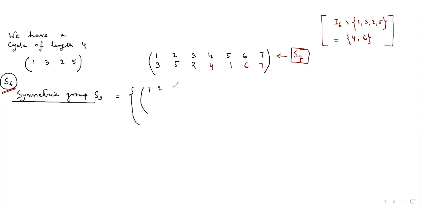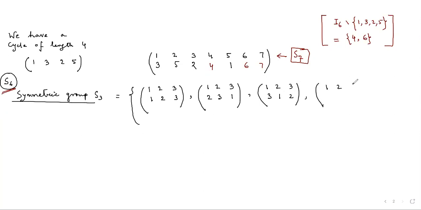First element that we considered was (1 2 3 / 1 2 3). Then another element which is (1 2 3 / 2 3 1). Then (1 2 3 / 3 1 2). Then (1 2 3 / 1 3 2).